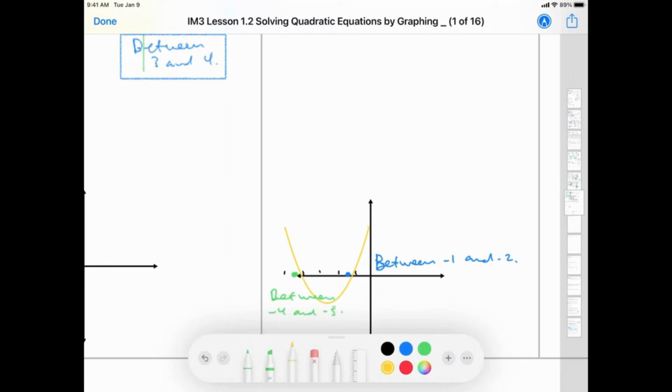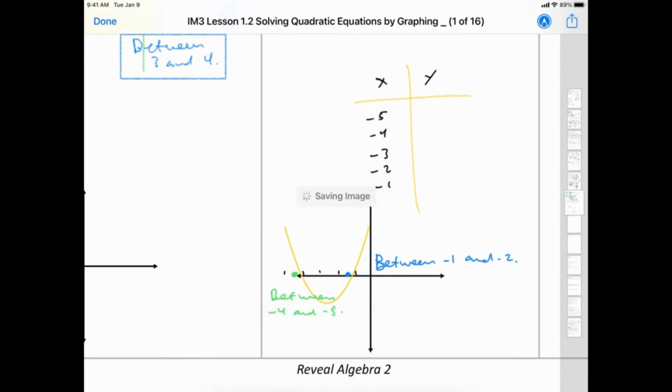That's what I want to show you guys. And I wrote down x, y's, -5, -4, -3, -2, -1, and let's just put 0. So I have 1, 2, -3, -2, and 1.